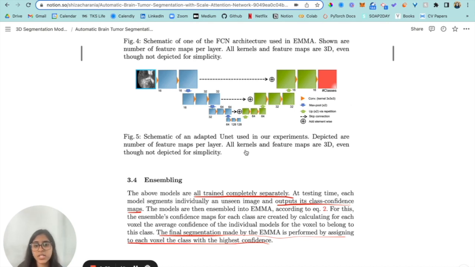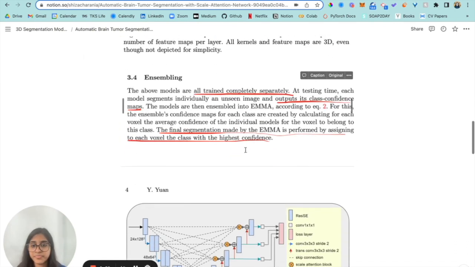The final segmentation created by EMMA is performed by assigning each voxel to the class with the highest confidence, so that you aggregate all the information and make sure there's a consensus on which one has the highest confidence. From there, you would have a pretty high accuracy, as shown in that model.